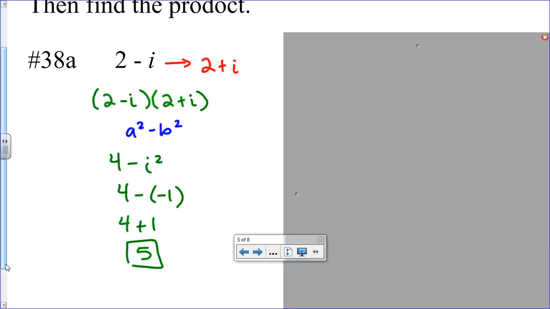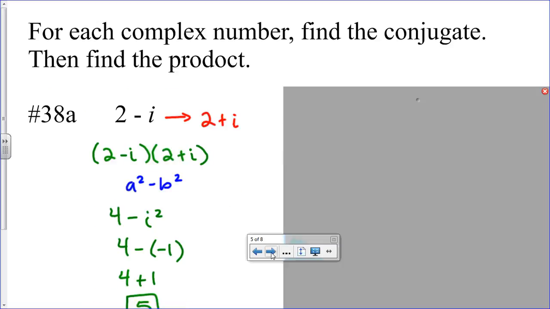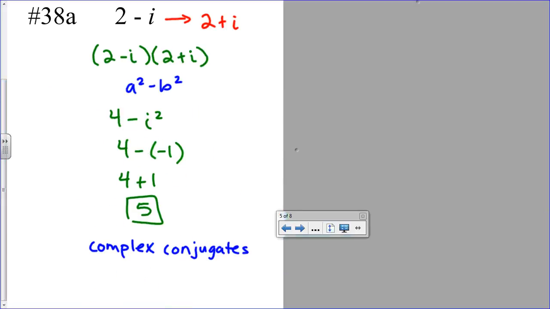So when you do complex conjugates, this doesn't work when you're doing radicals, but complex conjugates, meaning there's an i, what you're actually doing is a squared plus b squared. So you can use either a squared minus or plus.